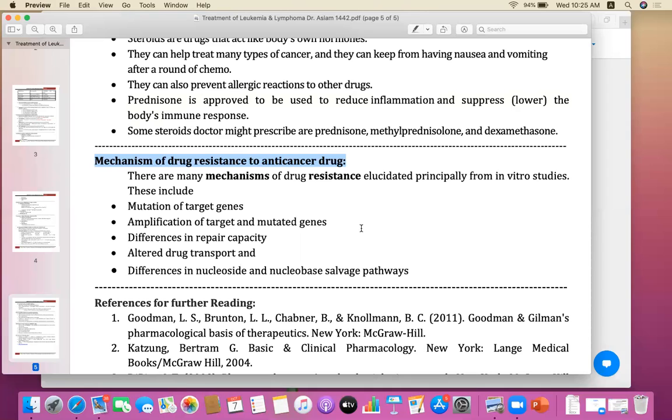When our anti-cancer drug wishes to target some gene, but this gene changes its makeup and cannot be identified by the drug, resistance develops. Amplification of target and mutated genes is the same. There is an amplification of the targeted gene, a mutated gene which is not identifiable by the anti-cancer, cytotoxic medications, and it will develop resistance.